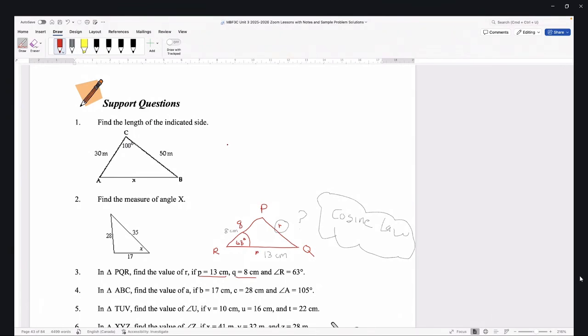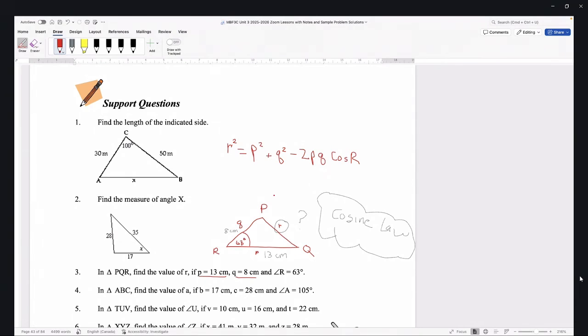We're solving for R. So R squared is going to be, think Pythagoras, P squared plus Q squared minus 2 times P times Q times the cosine of this angle right here, cosine of angle R. So R squared equals P squared plus Q squared, just like Pythagoras, minus 2PQ times the cosine of the angle corresponding to the side we're trying to determine.